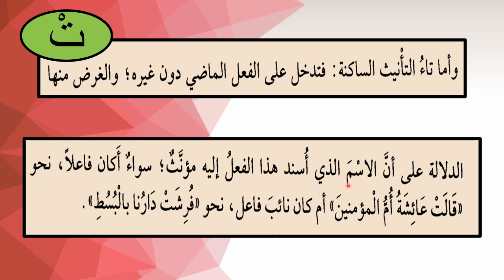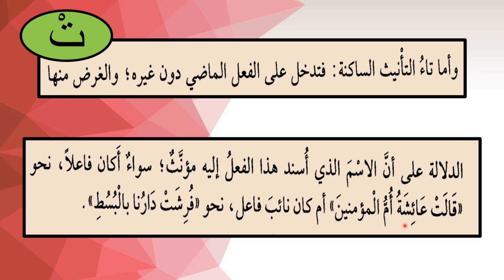So whatever the fail comes with ta tanis, it is attributed to something feminine. أسند هذا الفعل إليه مؤنث. So سواء كان فاعلا, for example, now here you can see the examples. قالت عائشة. So here, in this case, this is the jumla فعلية.